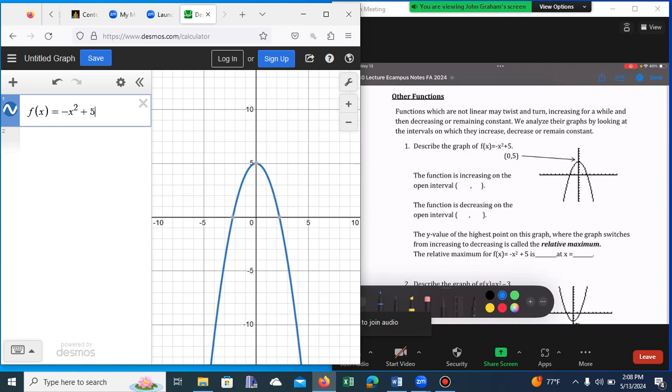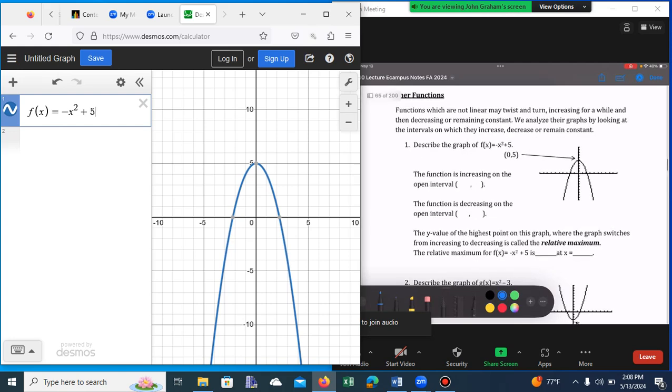So the way we write this is we always look at the x values. From negative infinity, that's the farthest left you can go, to 0, this is increasing. And then once it reaches that max value, it starts to decrease. From 0 to infinity, decreases.